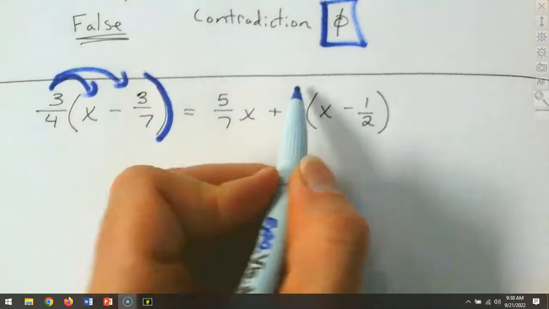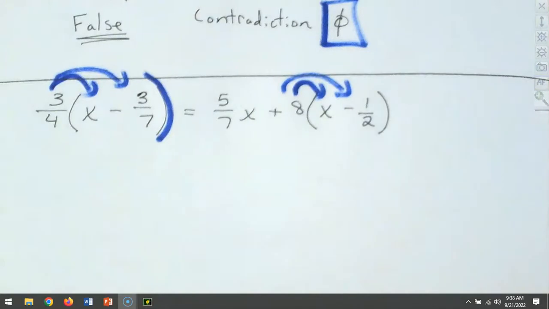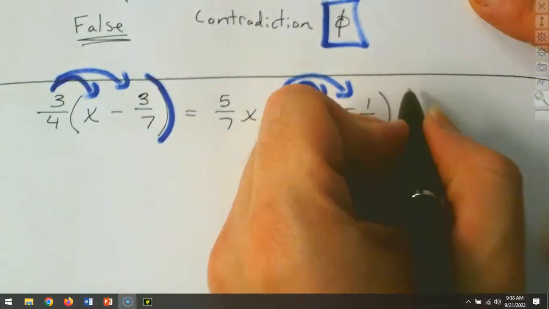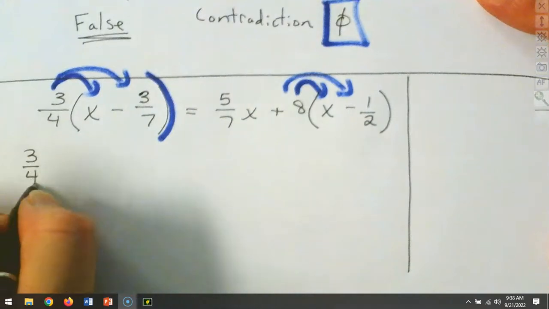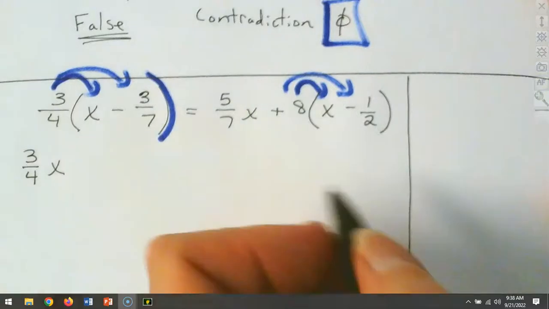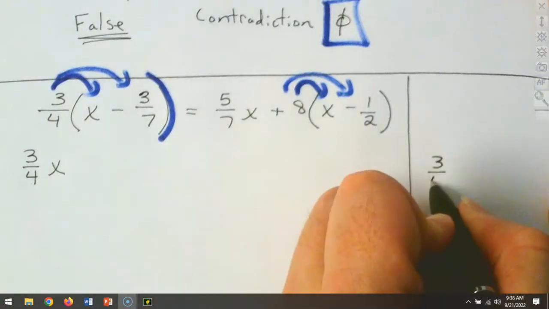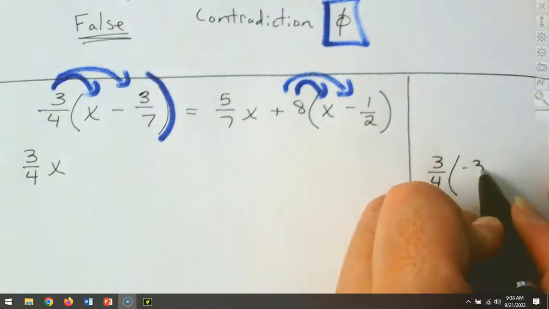And the fractions, if you struggle with the fractions, write them out to the side. So that's going to be 3/4 x. And if you struggle with these fractions, write them out. We've got 3/4. I'm going to multiply that by a minus 3/7.